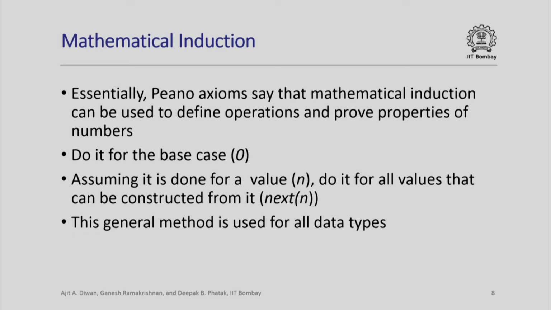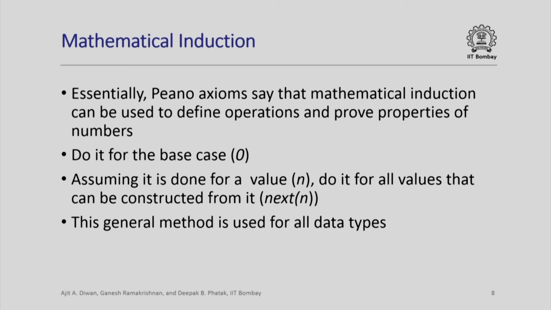And an idea closely related to that of recursive definition is mathematical induction. So, this just Peano axioms or recursive definitions just say that you can use mathematical induction to define operations and prove properties of numbers or any other recursively defined data type.